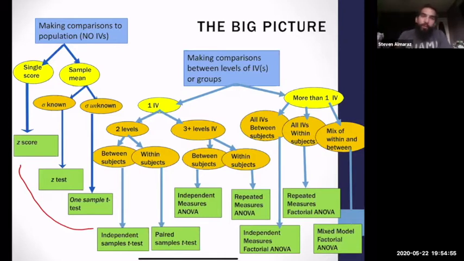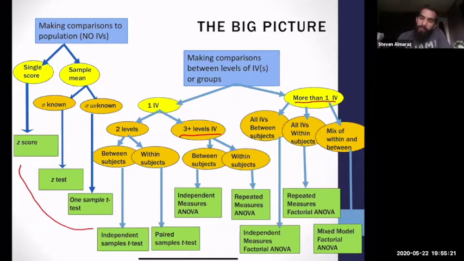But then when we started separating our participants into groups, we had first our independent and paired samples t-tests. Those were when we have two levels of our independent variable. If we had more than two levels of our independent variable, then we moved over to one-way ANOVA. All right, we have independent measures ANOVA and repeated measures ANOVA.